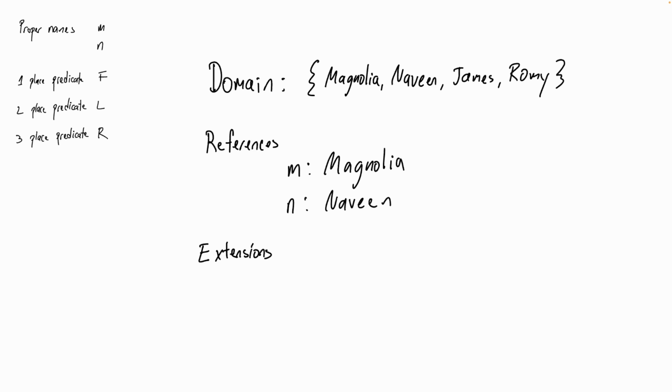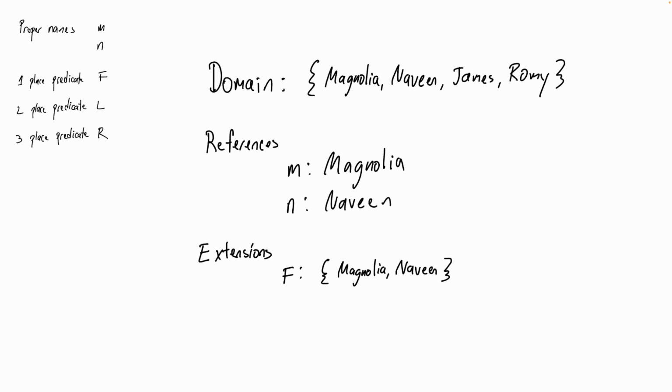Think of the extension of a predicate as the things that it's true of. So for a one-place predicate, its extension will just be a list of objects from the domain, the objects that that predicate applies to. So if we make the extension of F, say, contain just Magnolia and Naveen, then we're saying that the predicate F is true of them, but not true of anyone else in the domain.